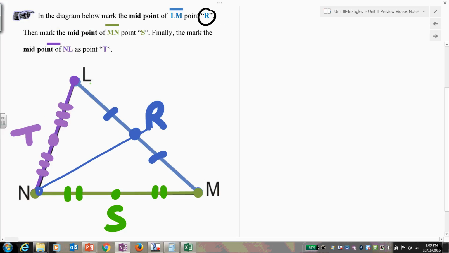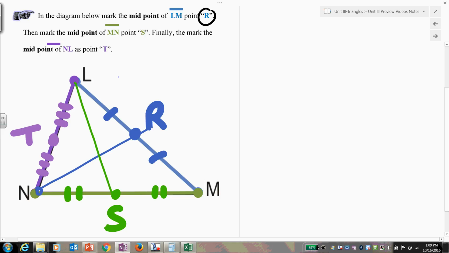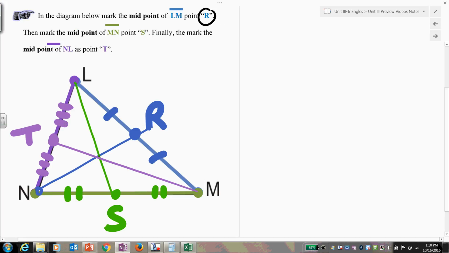Vertex to midpoint. Vertex to midpoint. They cross at the centroid.